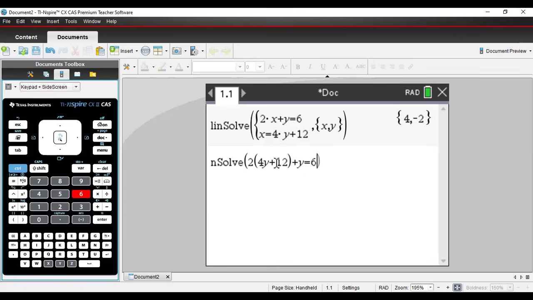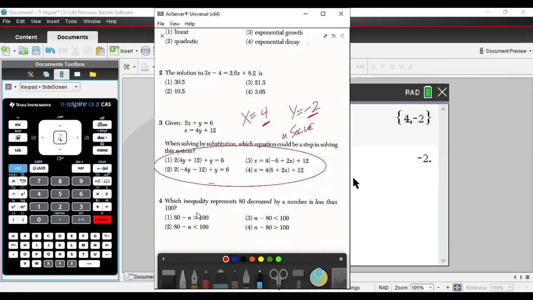Now, we've got one variable because we substituted, and now you're going to have a comma, and you just put in the variable y. And you see this says that y is equal to -2, which we have here. So that means that is the answer.